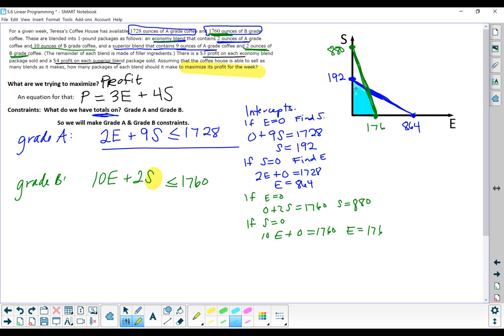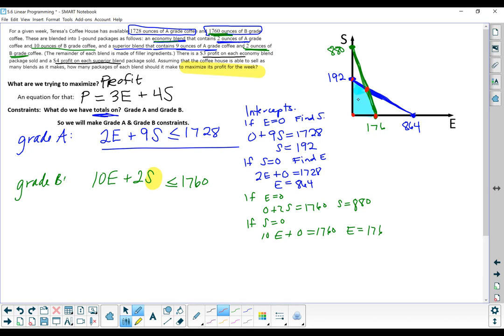Obviously, we can't go into the negative numbers because you can't make negative bags of coffee. So our context tells us that we are above the 2 axes. So this is our feasible region, and what linear programming tells us is that in order to maximize the profit, we want to operate at one of the vertices of this quadrilateral.